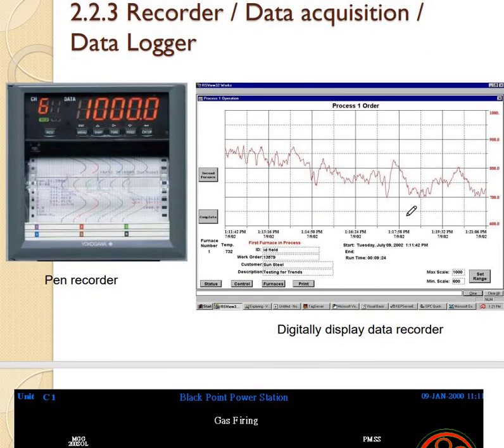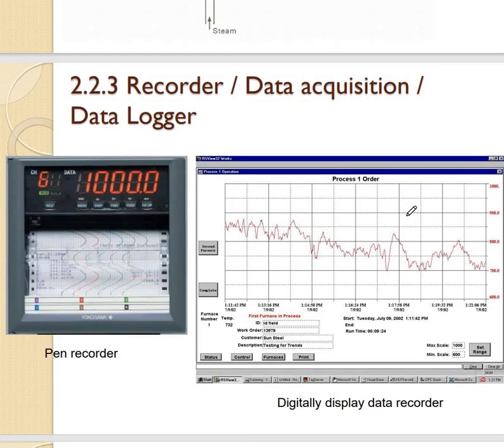Okay, now we move to the recorder, or data acquisition, or data logger. You can find this inside our process control laboratory.